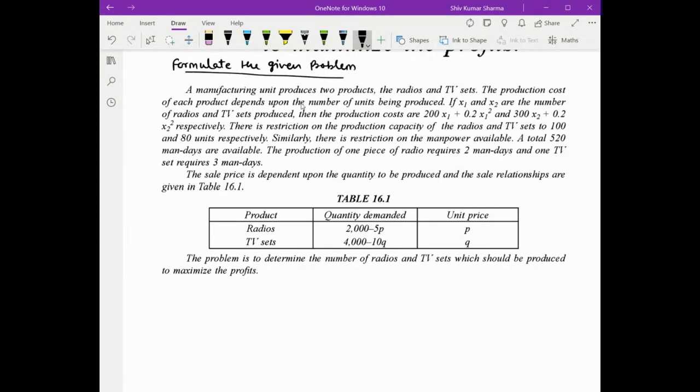Formulate the given problem. So we make the formulation.